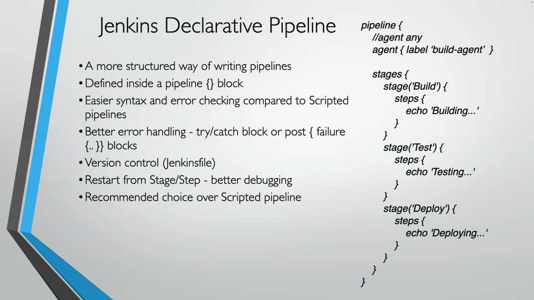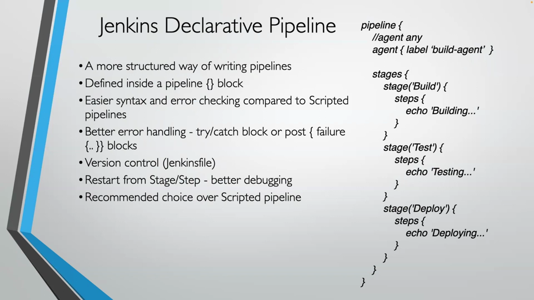So if you look at the sample code, this is your pipeline code for your declarative pipeline. Let's say that you wanted to execute your pipeline on a build agent. You can easily specify like this, but if you wanted to perform your build either on master or any agent, then you can say agent any.